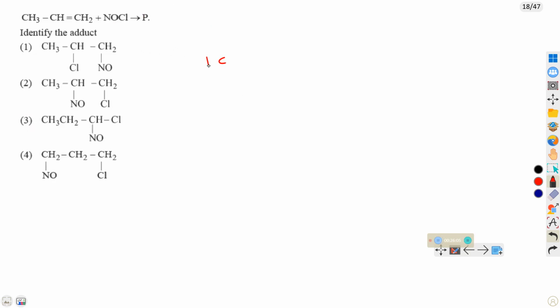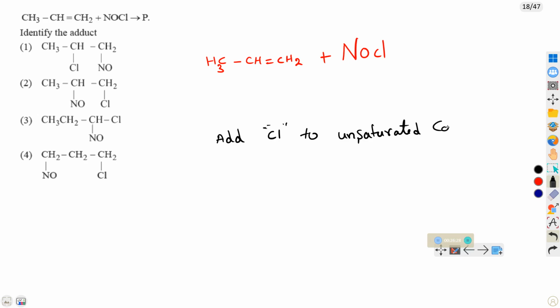Identify the correct product: CH3CH double bond CH2 plus NOCl. Remember one point: add the chlorine atom to the unsaturated carbon which contains less number of hydrogens.